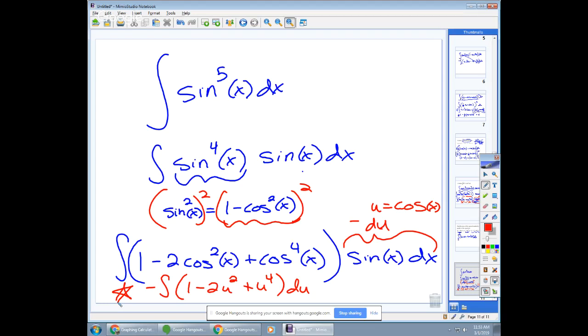Message me if you have any trouble with the homework, I'll get back to you. And we will try trig substitution next week, which is section 3. This isn't trig substitution, which is a whole different idea. This is just playing with trig identities to variables.